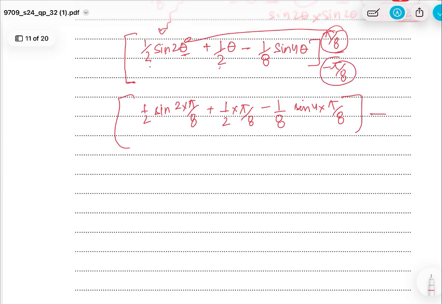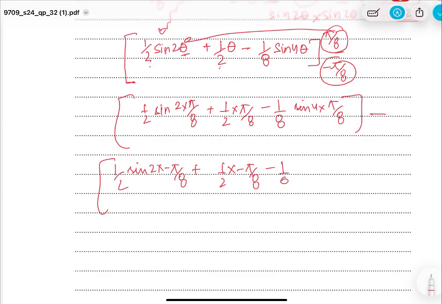That would be this one, which would give us 1 by 2 sine 2 times minus pi by 8 plus 1 by 2 times minus pi by 8 minus 1 by 8 sine 4 times minus pi by 8.